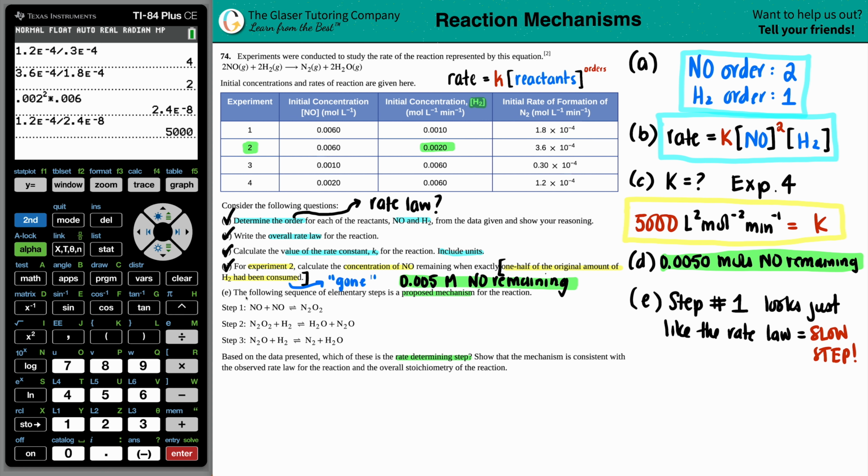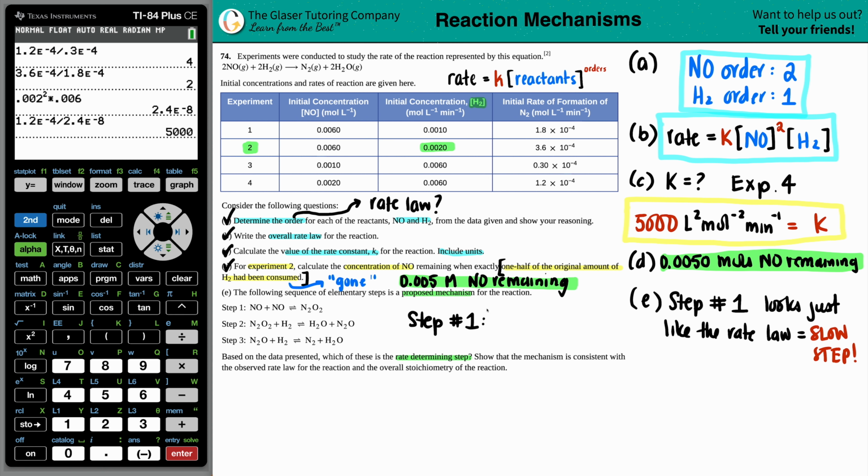Now, the first step in the mechanism, right, is NO plus NO. Now, if we wrote a rate law for step number 1 using the same general formula, but now since these are all elementary steps, the orders are the coefficients, because now we know that this is one independent step, this is another independent step. So you can take those coefficients as the orders.